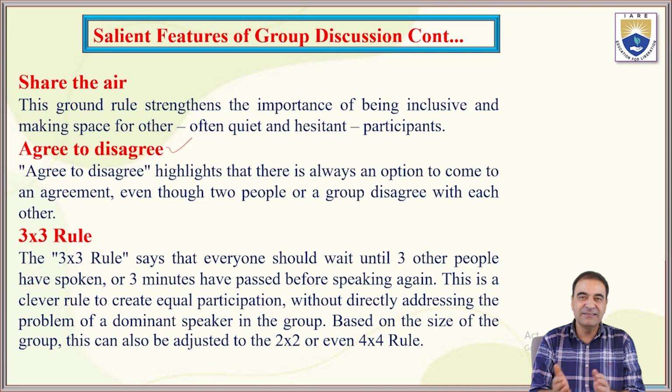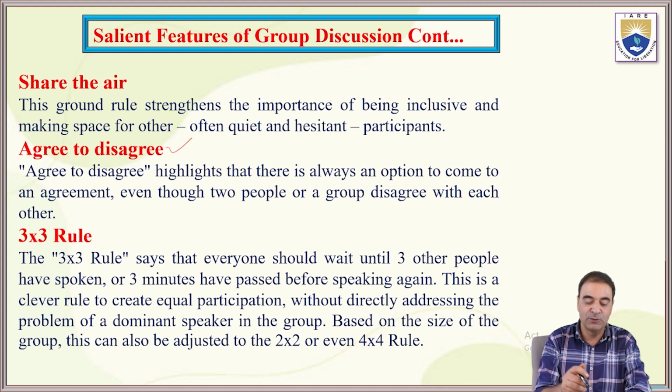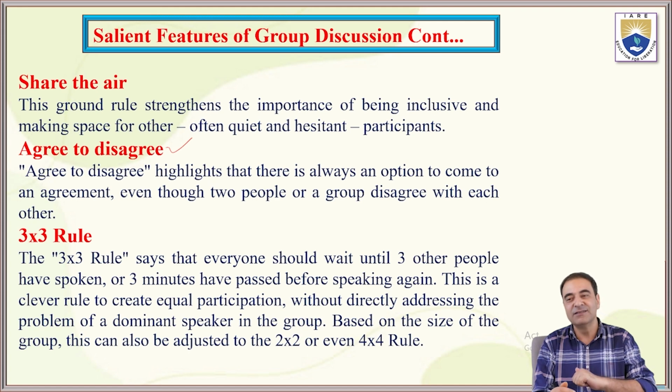That's why we call it 3 into 3, because it gives equal opportunity to everyone to speak. It's a very clever rule, and it creates equal participation, and that too without directly addressing the one who is dominating the discussion.